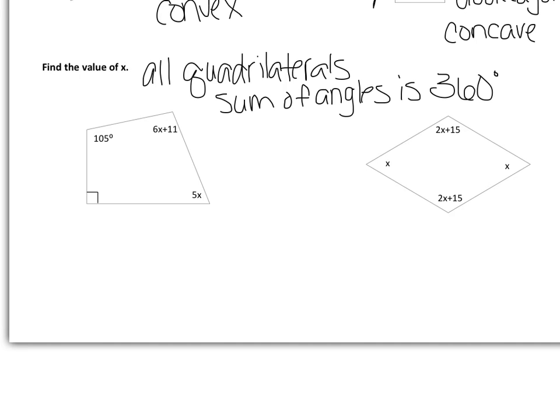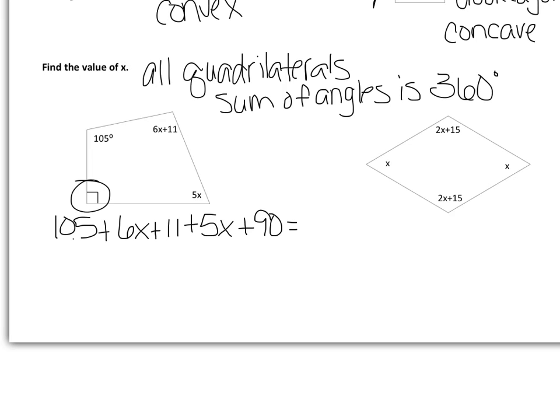So what we're going to do, just like we did yesterday, for this first one, is take all of the sides. So not 150, we're going to take 105 plus 6x plus 11 plus 5x plus, and remember, that little symbol right there means it is a 90-degree angle. If I add up all the sides, I know it is equal to 360.